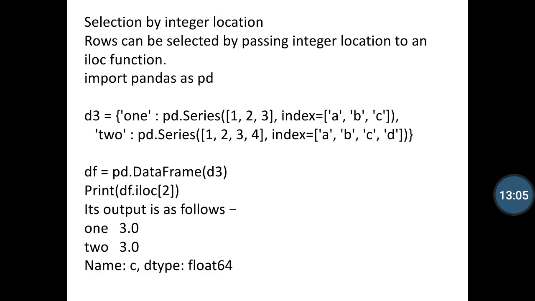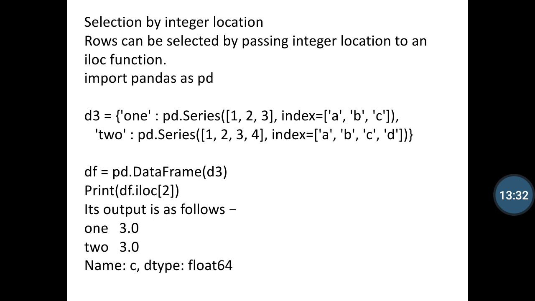Selection by integer location. A row can be selected by passing an integer location to the iloc function. Import pandas as pd and define the variable as a dictionary with keys 1 and 2, with the series 1, 2, 3 and index a b c, and the second variable pd.Series 1, 2, 3, 4 with index a b c d.